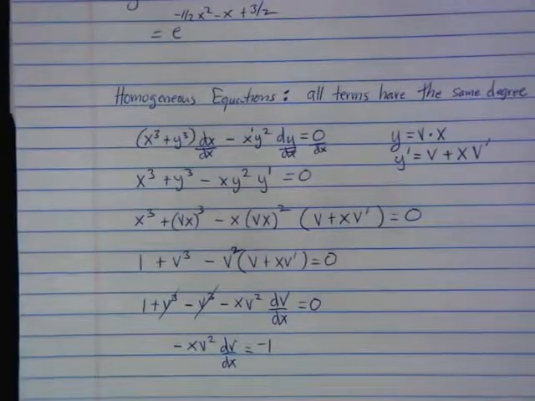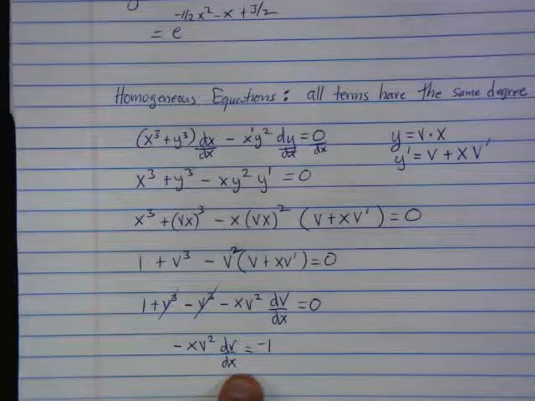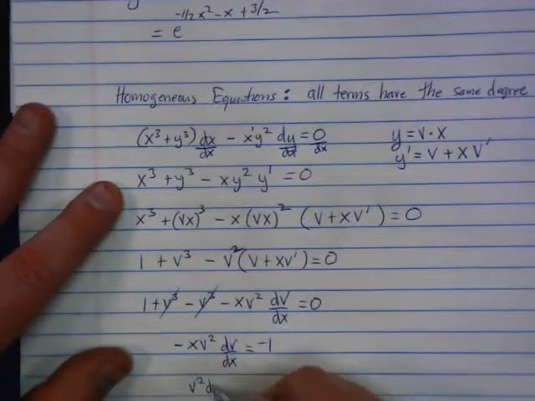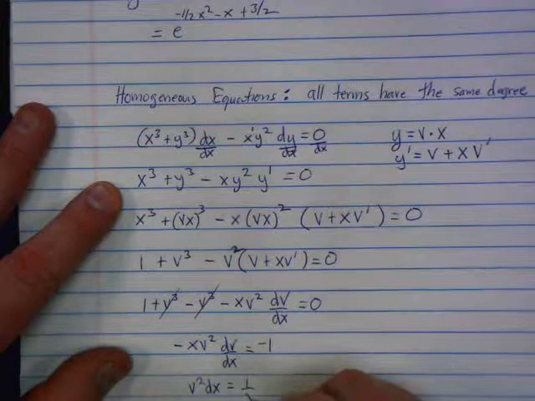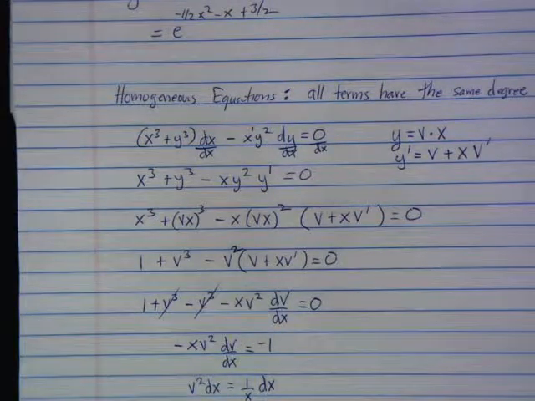And then I like what you said. You said divide by negative x, multiply by dx, and things will be separated, won't they? So I'm going to have v squared dv equals 1 over x dx. I'm able to separate my variables.